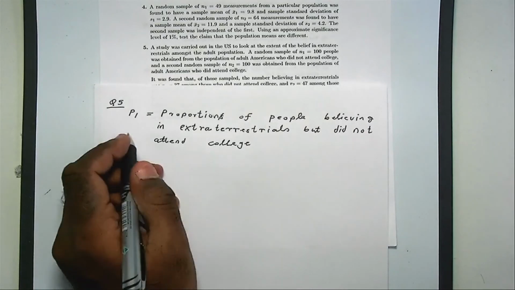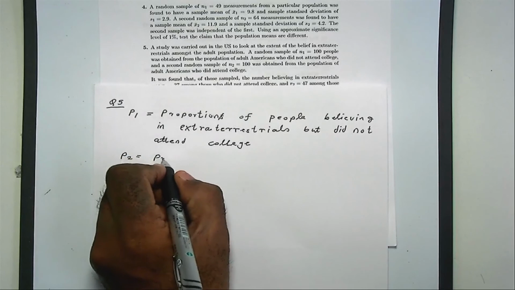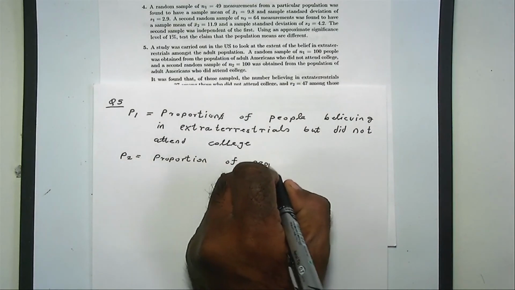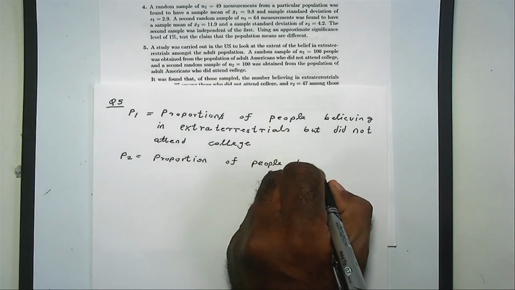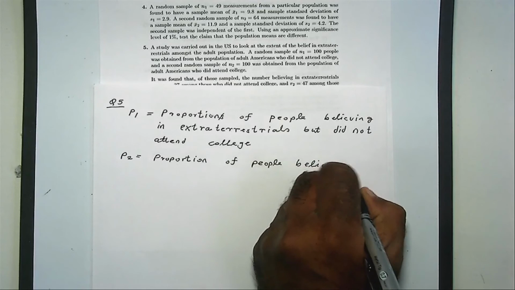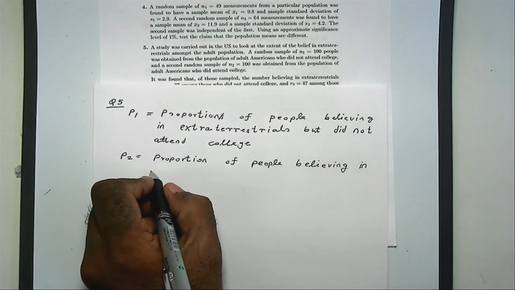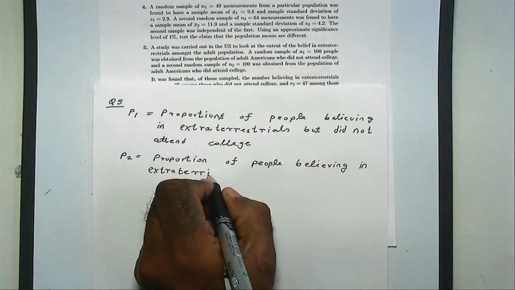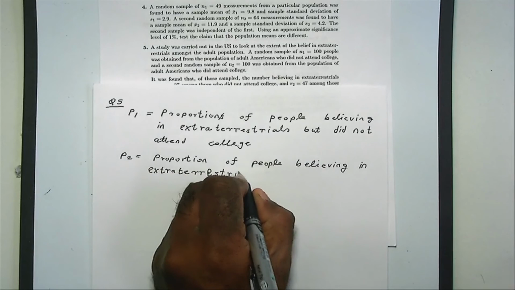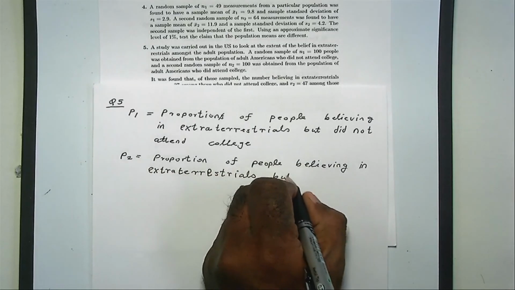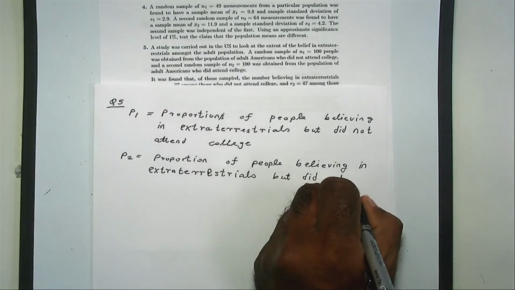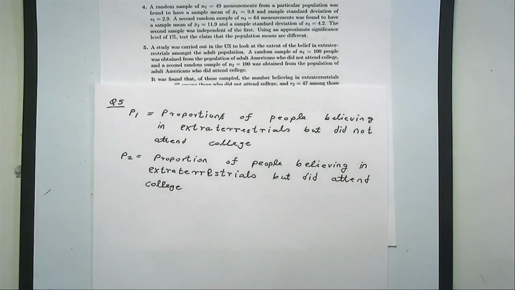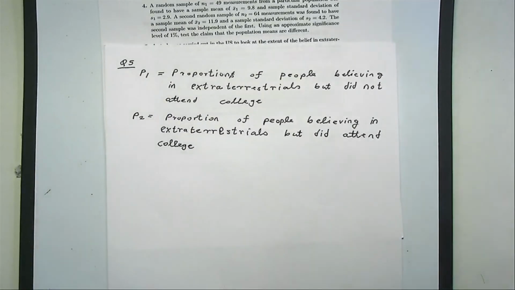And we are trying to compare P1 with P2, which is the proportion of people believing in extraterrestrials but who did attend college. These are the two proportions.